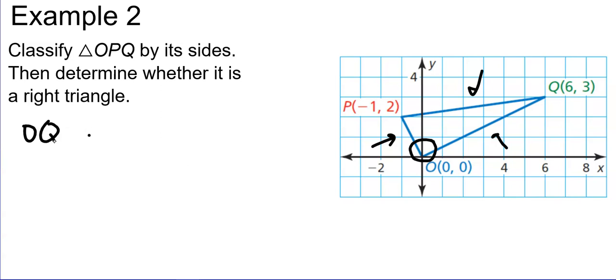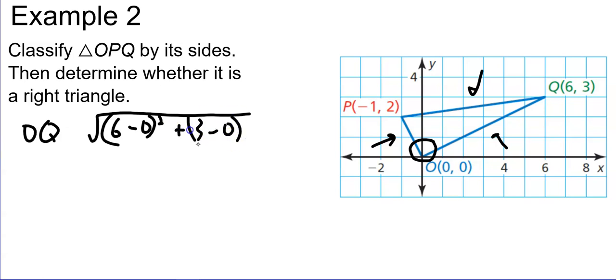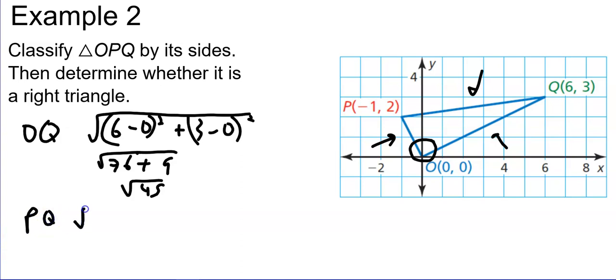So OQ: the square root of 6 minus 0 squared, plus 3 minus 0 squared. Really you don't need to waste time doing that part if you don't want to. So that's going to be 36 plus 9, which is the square root of 45. We can leave it like that. We don't care what the decimal is. Now I'm going to do PQ. So x minus x.